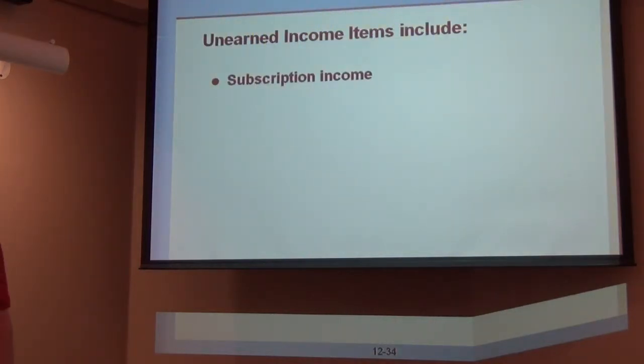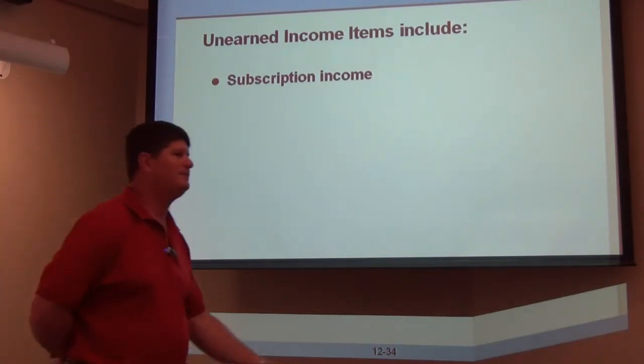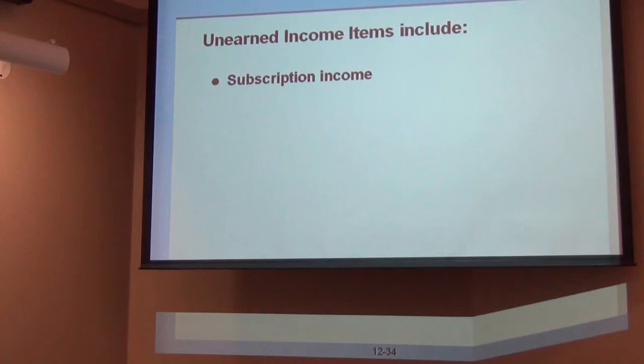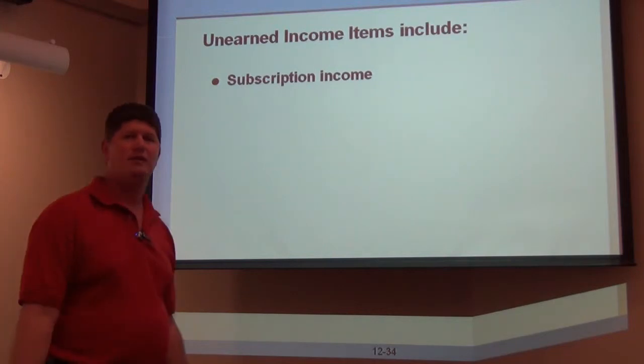Okay. This is the flip side of what we were talking about, unearned income. Someone's paid you the money, but you haven't performed yet. So subscriptions is a perfect example of this. Someone pays you $100 for 12 months' worth of People magazine.